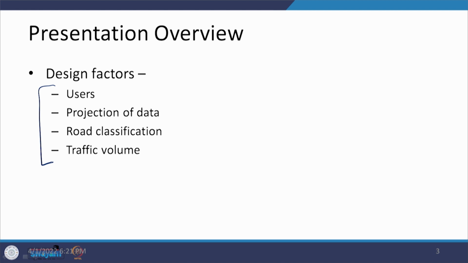As I said in the previous interaction, the data here we are going to talk about in terms of the land uses, population, vehicular numbers, etc., the road classification, and finally we will be touching upon the traffic volume, which probably is going to be continued in the further interactions.